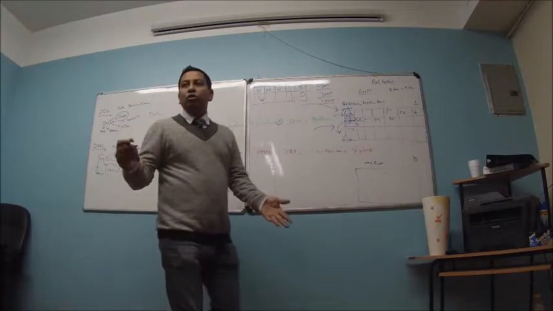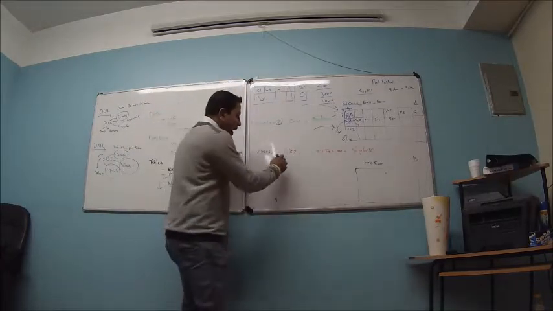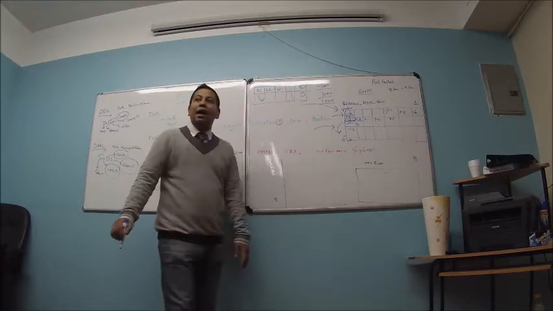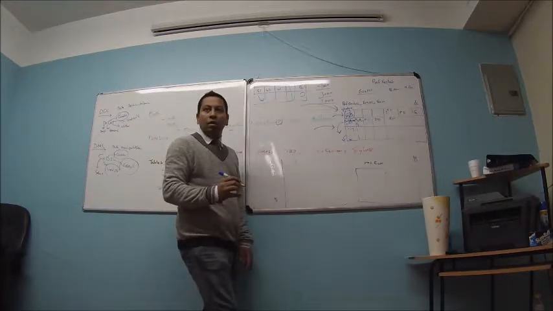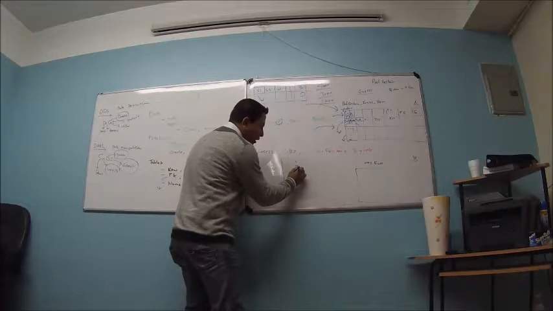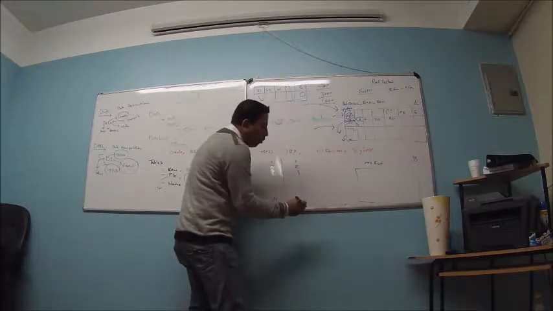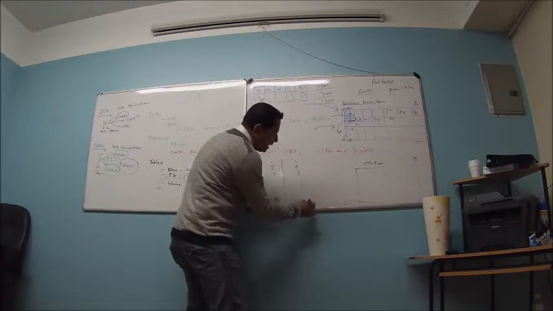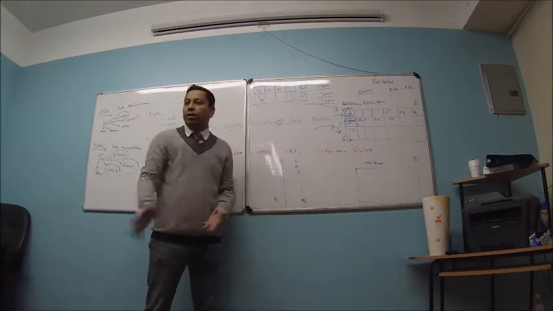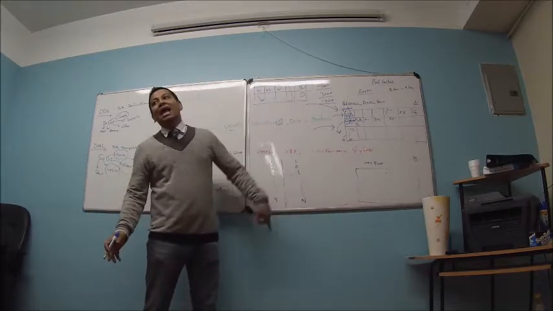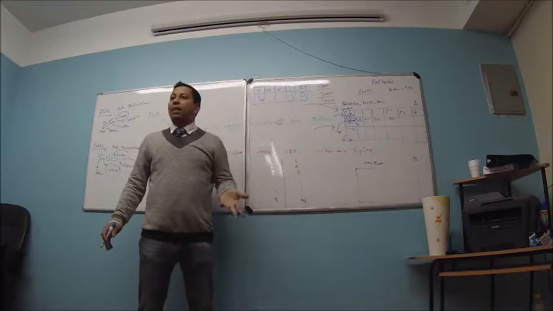In programming, anytime you don't know how many data items are coming in, it starts with 1, then second, third, and you don't know how many, so it goes to n. n can be any number. It can be 28, it can be 2000, it can be 1 million.